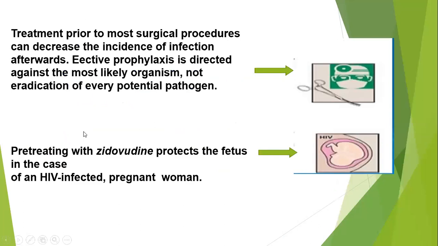A treatment prior to most surgical procedures can decrease the incidence of infection. And also pre-treatment with zidovudine protects the fetus in case of HIV infection in a pregnant woman.